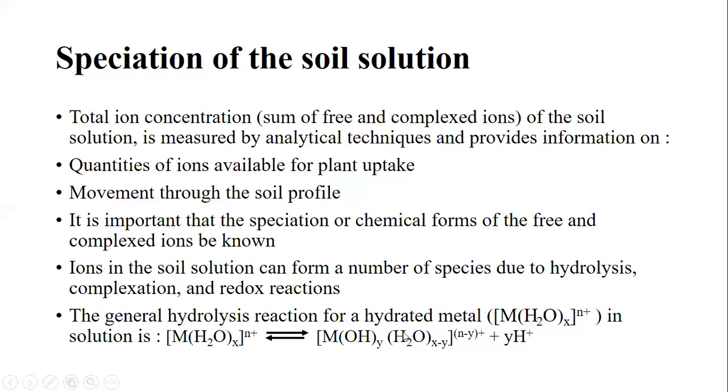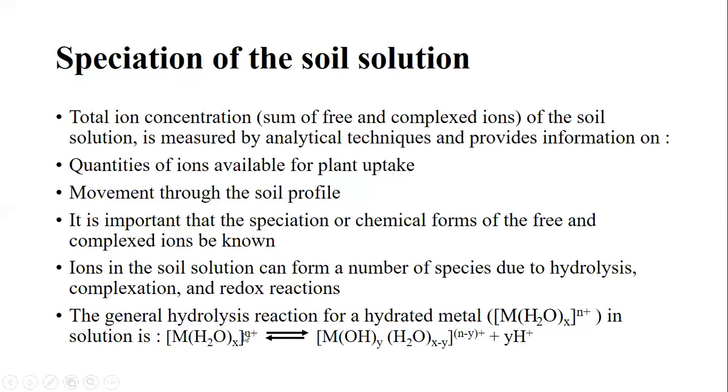Now, each OH carries one negative charge, right? So the N plus will not stay N plus, because now we have OHs, their number is Y, and each one of them carries a negative charge. So the total charge of this complex now is N minus Y positive charges.